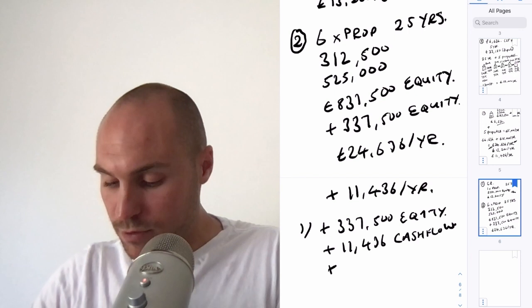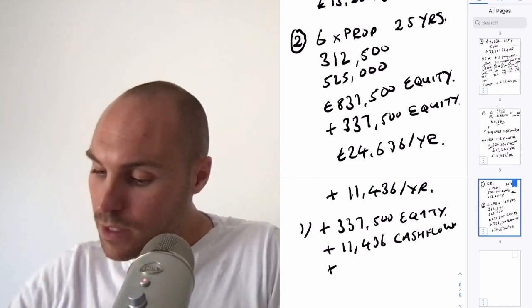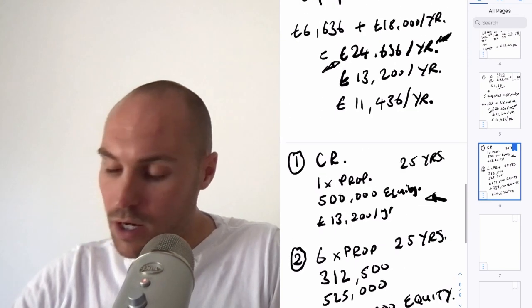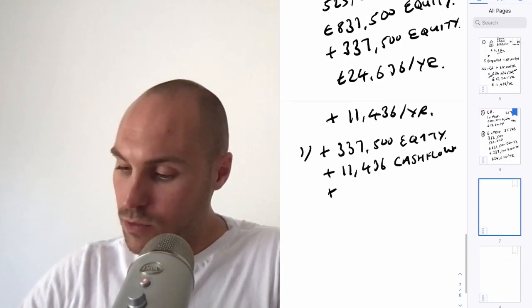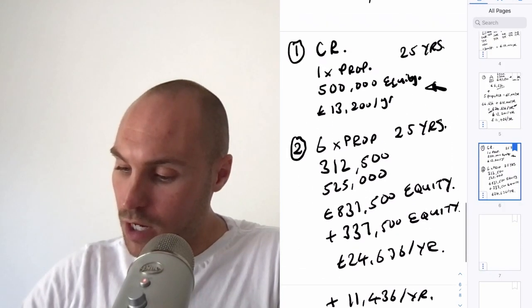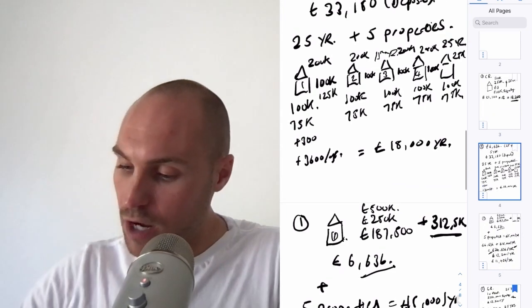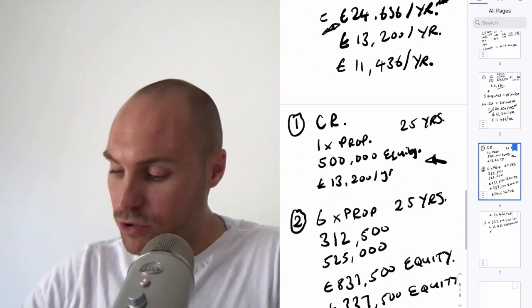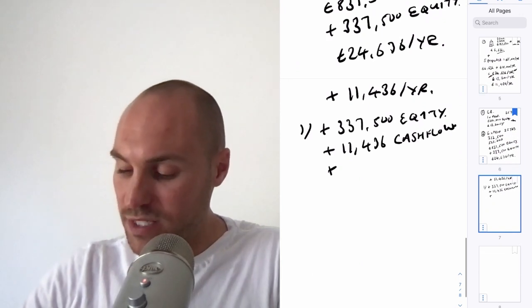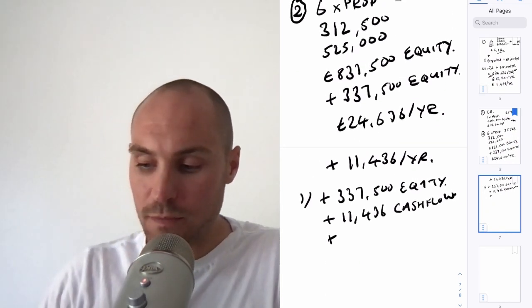And on the capital growth side, on property number 1, we made a capital growth of 250, plus we had 400,000 of capital growth by buying the 5 properties. So 400 plus 250, we ended up with £650,000 of capital growth.